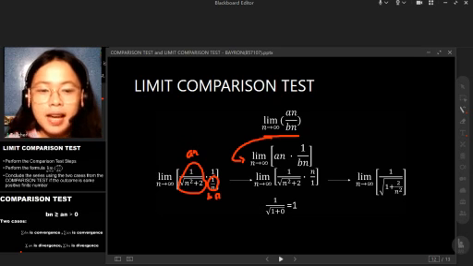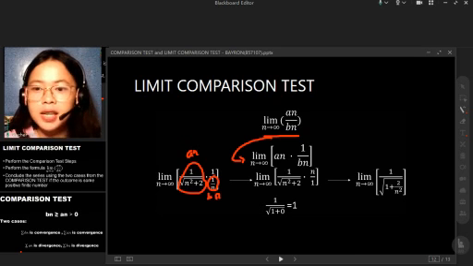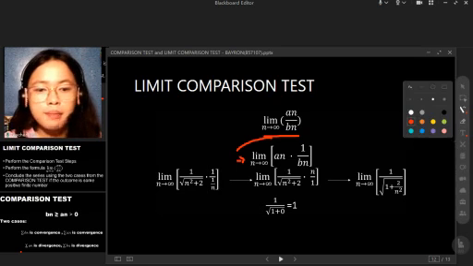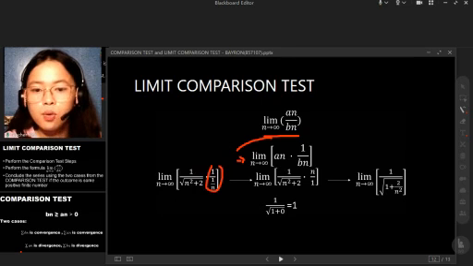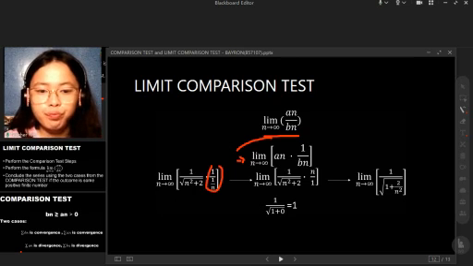We first simplify this 1 over 1 over n, which simply becomes n over 1. So as you can see, 1 times n is equal to 1.